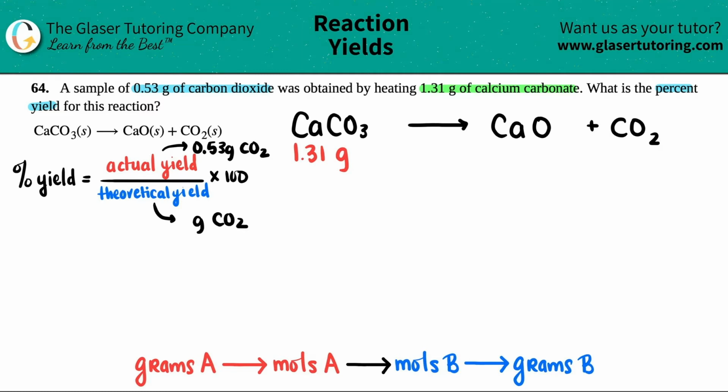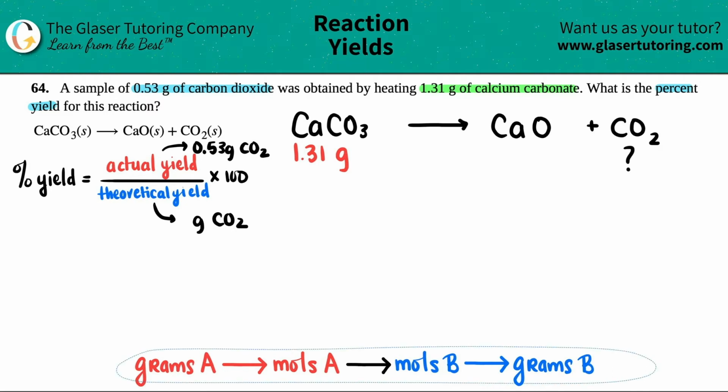I need to know what this is. Oh, I can get there. A theoretical yield is just what the answer should be in a perfect world, which we do not live in, okay? If everything went 100% correctly, how much carbon dioxide should we have made?